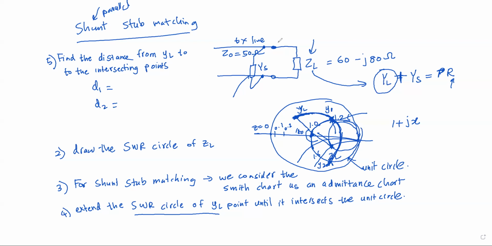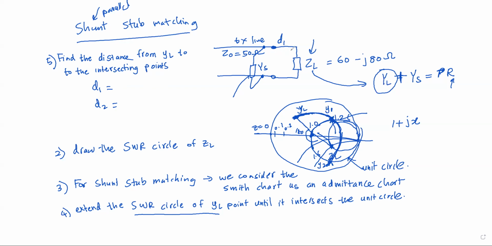D1 and D2 are the distances from the load to the stub point, so we can attach the stub either at D1 from the load or at D2 from the load. That is the significance of these two distances. This is a very important measurement, because these parameters define where we need to place the stub in the transmission line.